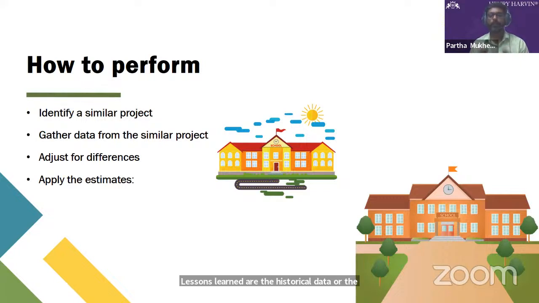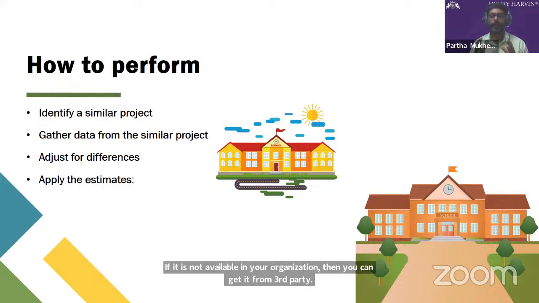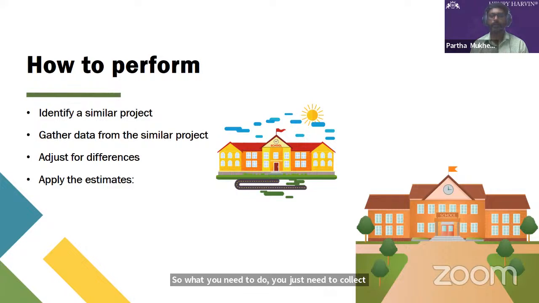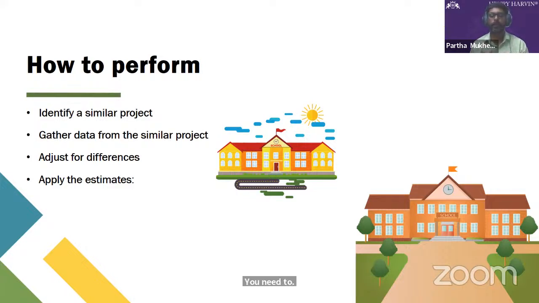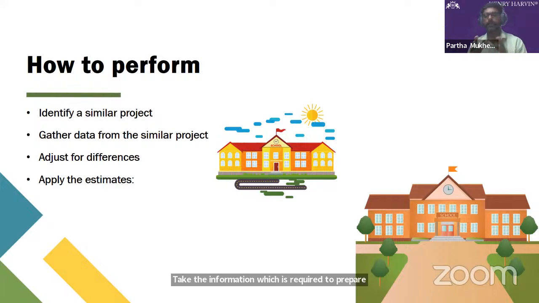You can get to that data, and based on it, you can come up with the estimation. If it is not available in your organization, then you can get it from a third party. You just need to collect the information which is required to prepare the estimate, and you can start preparing it.